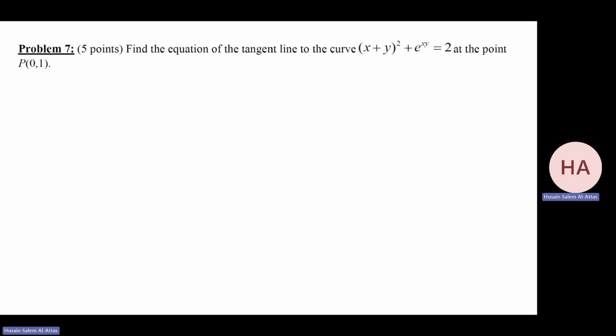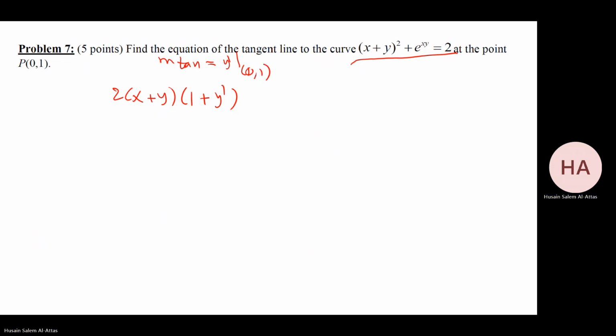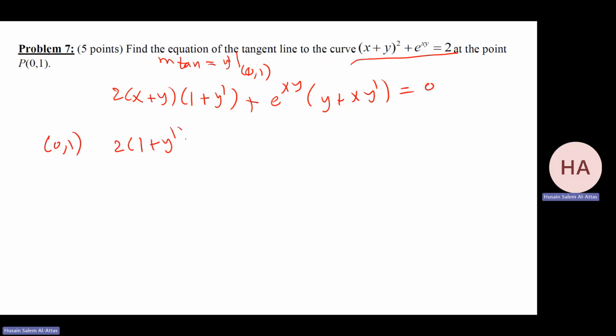Find the common tangent line to this curve. So you want to find m tangent. So I have what? 2x plus y, 1 plus y prime, which is y prime at the point 0 and 1. 2x plus y, 1 plus y prime, plus b x y, y plus x y prime equals 0. Substitute at 0 and 1. What will you get? 2, 1 plus y prime, e to the power 0, which is 1.